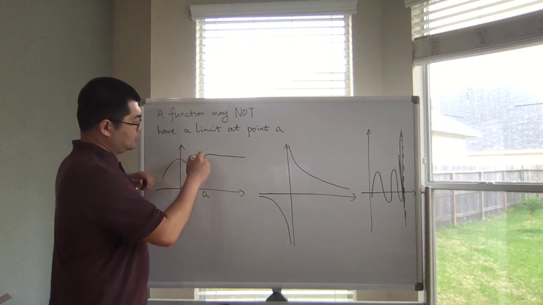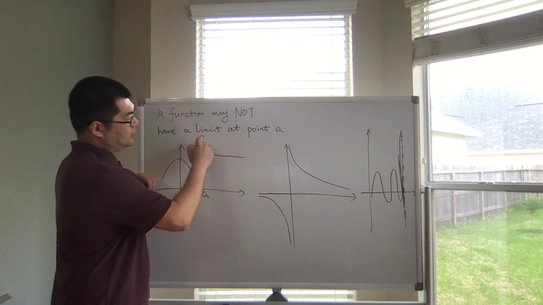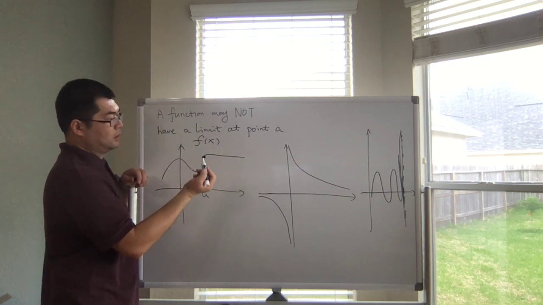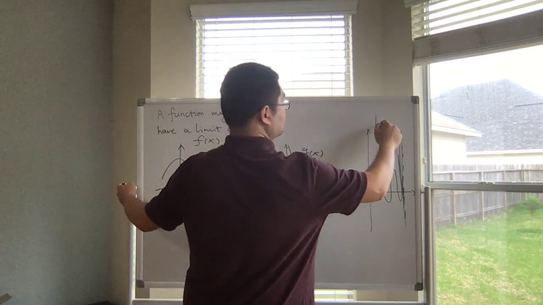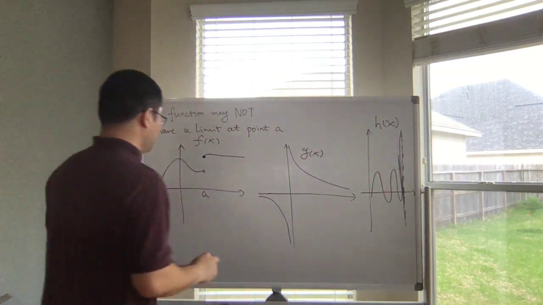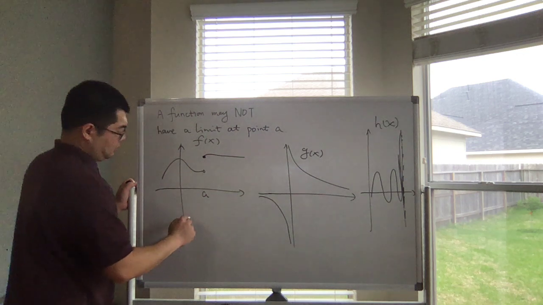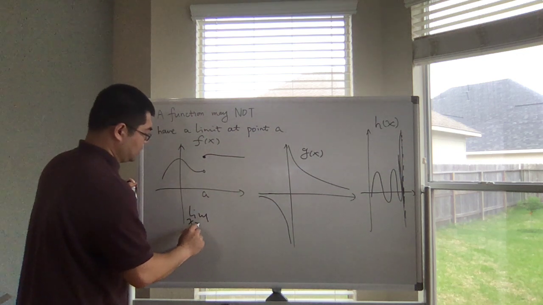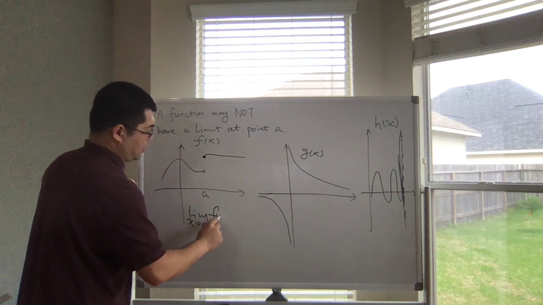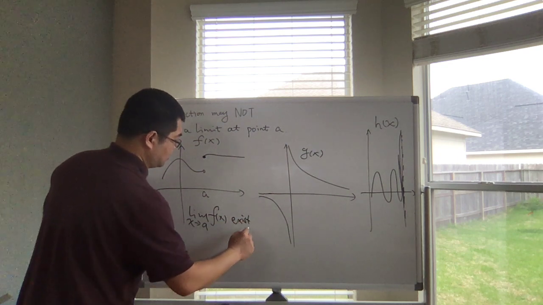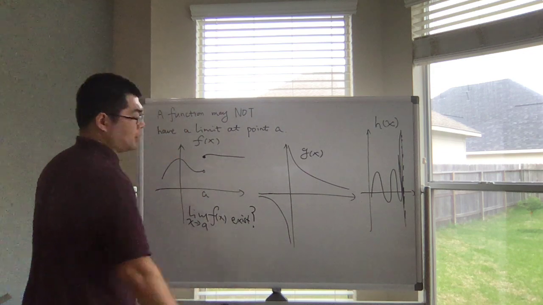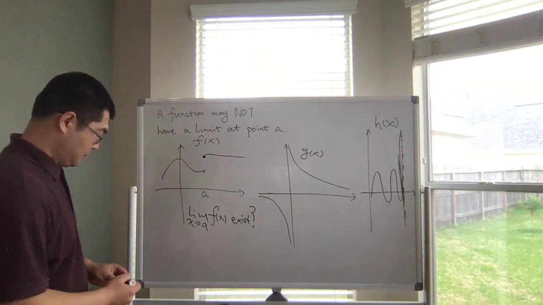As you can see, guys, let's say this is called f(x), this is called g(x), let's still keep that, this is called h(x). The question is, does the limit as x approaches a of f(x) exist? Big question mark, okay? Let's check.